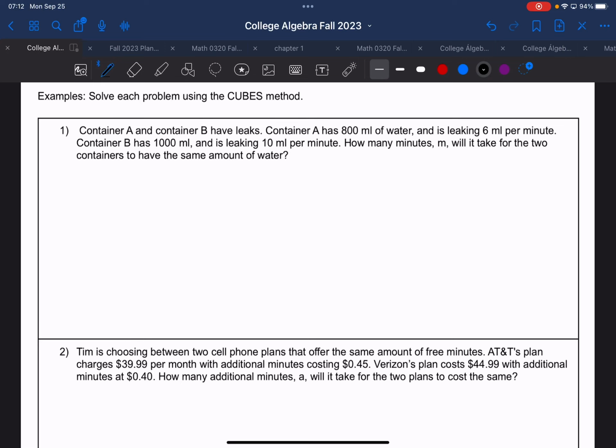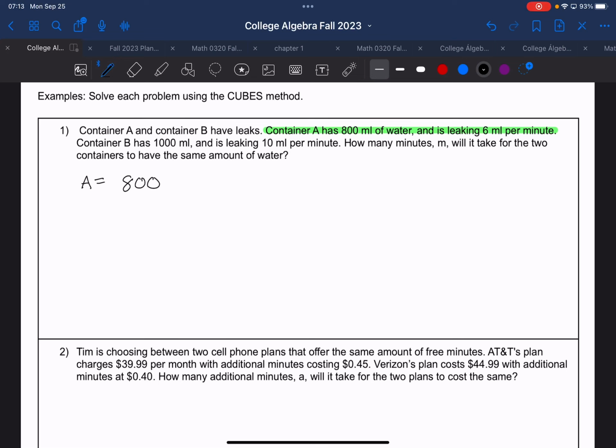So this is all about container A in this first part. So I'm going to write A is equal to, because A is going to stand for our container A, and it says container A has 800 milliliters of water. Okay, so 800, and is leaking 6 milliliters per minute.